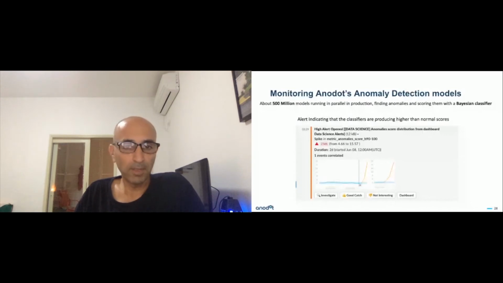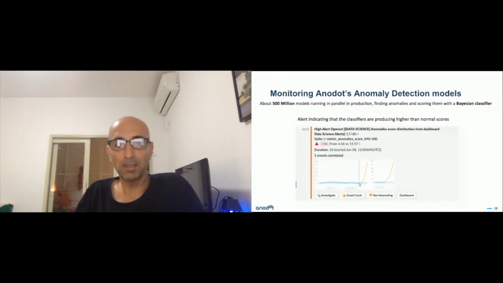This is an alert that we got a few days ago, I think from June 8th. For every anomaly that we find, we have a classifier that decides what is the score of this anomaly. You can think of it as a classifier or a regression. It gives a number between 0 and 100, which is bucketed in buckets of 10.